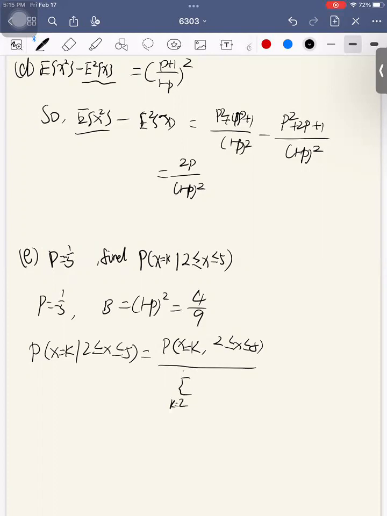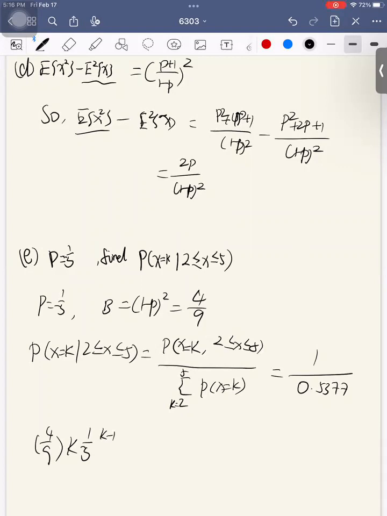Since the sum is from 2 to 5, we have this one here. And after getting this equation, we just plug in the numbers, then we can find the value is 1/0.377 times 4/9 times k times (1/3) to the k minus 1.